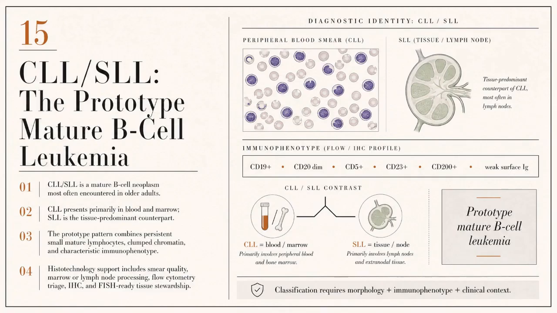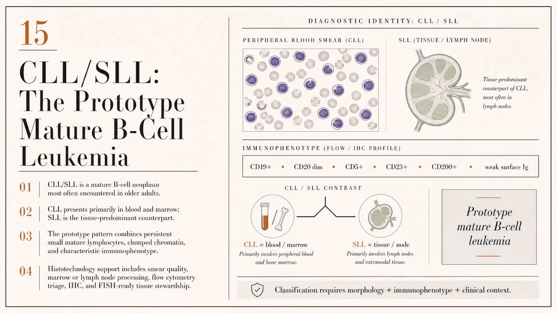The slide also introduces monoclonal B-cell lymphocytosis, MBL, a precursor state characterized by low-level clonal B-cell populations that do not meet the threshold for CLL diagnosis and lack clinical symptoms. Recognizing MBL is important in the clinical laboratory because it may progress to overt CLL, but it does not require immediate treatment.